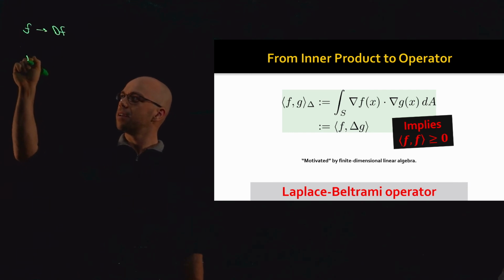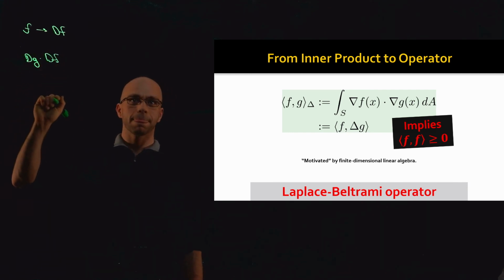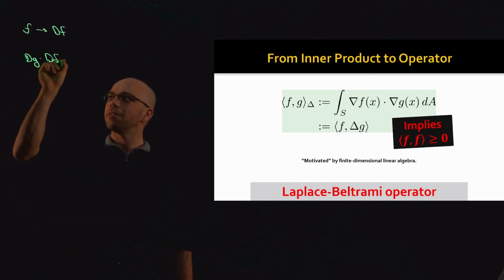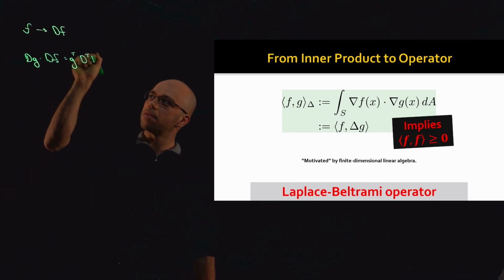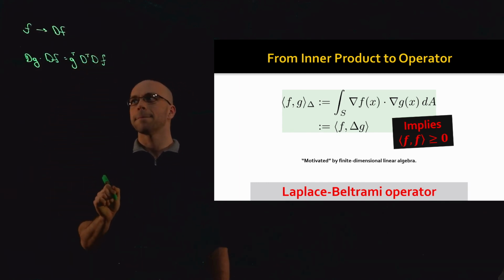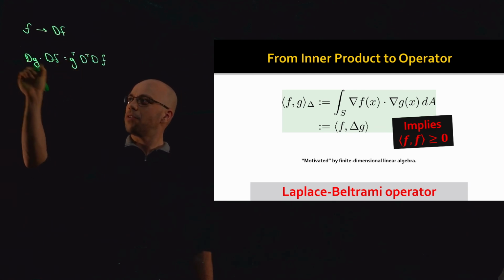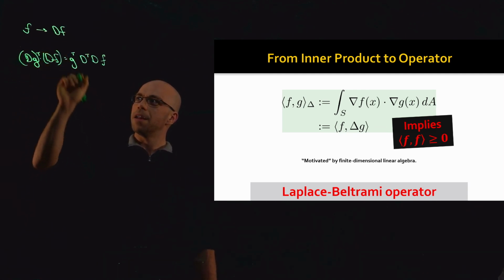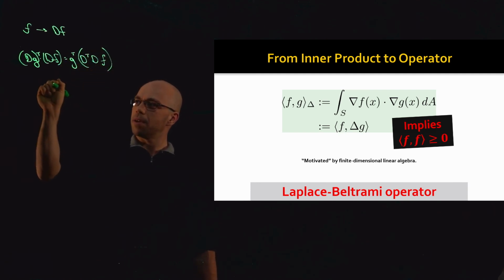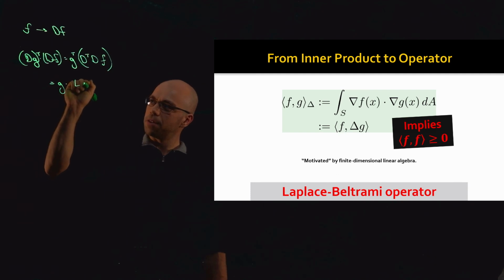Well, it's kind of like dg dot product with df, or the other way around, but it's symmetric, whatever, which is, of course, g transpose df. And then before, we parenthesized this way, but now if I parenthesize this way, then what I get is g dot producted with this Laplacian matrix times f.